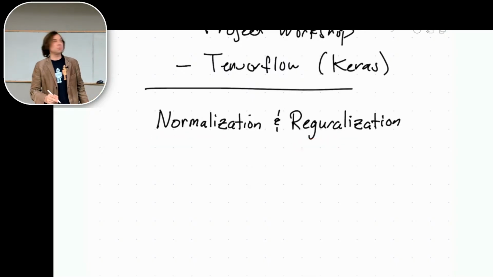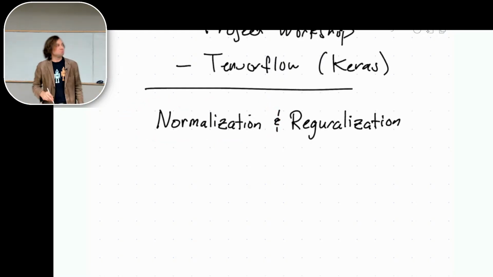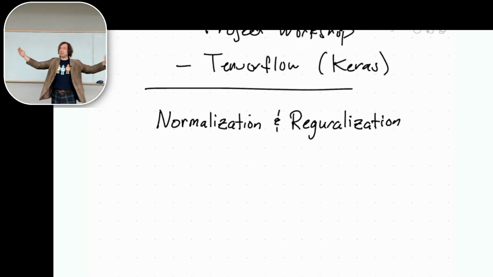What's the difference between these 2 words? Okay, but they mean different things, all right? You want to get these 2 terms correct in your vocabulary. Normalization is a little easier to explain. This is what you did in your homework, okay? And so, both of these things are techniques that will help your learning, okay?